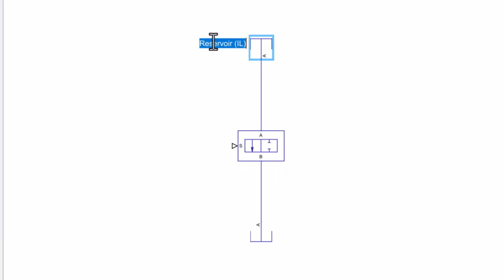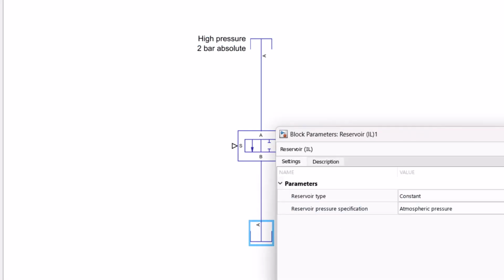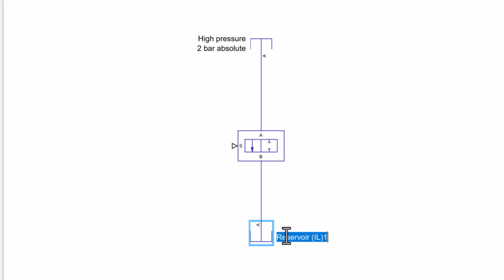It has to be a high pressure two-bar absolute reservoir. And the second one, I want it to be a low pressure 1-bar absolute reservoir.